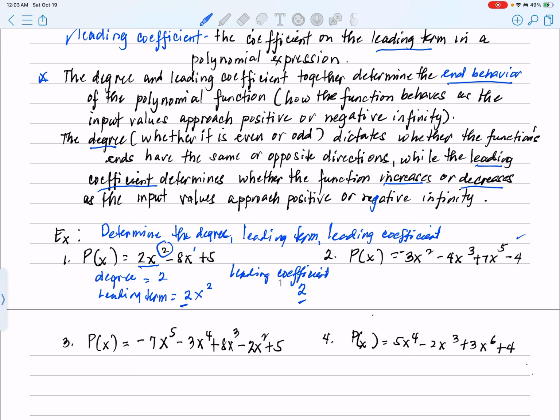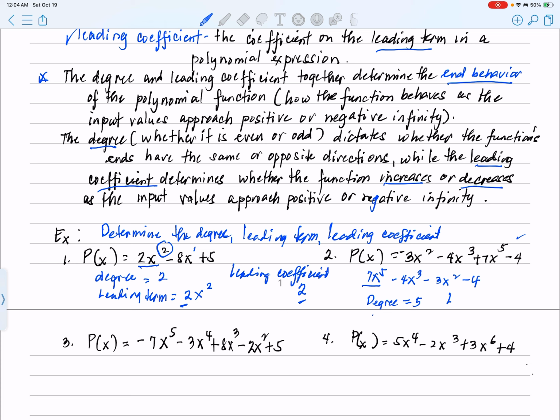So we have to write it down in order. 7x to the 5th minus 4x to the 3rd minus 3x squared minus 4. Right? So this is our leading term. So the exponent there, that is the highest. The degree is 5. That's the degree.